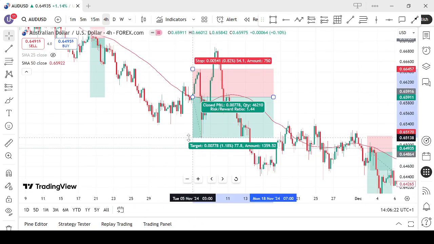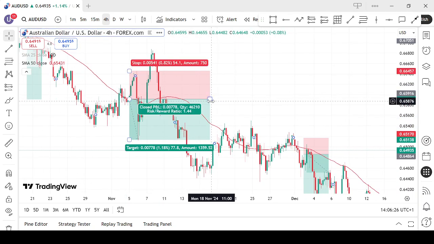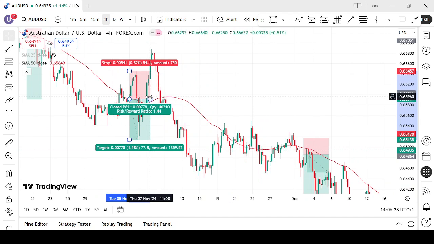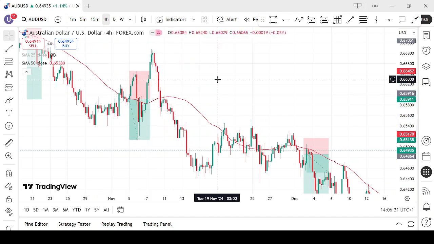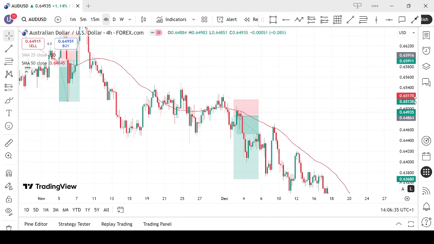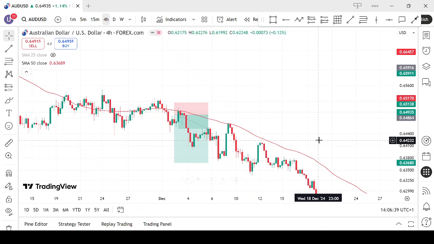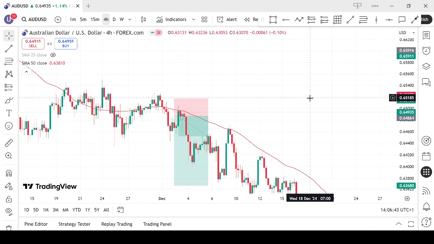Even if you have been stopped out, at least you have capitalized on securing a little bit of profit in the market. Remember, no strategy is 100% in the market. We just react from whatever price action tells us, combined with our indicator, our simple moving average indicator.